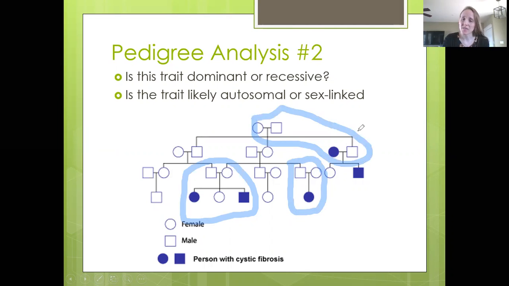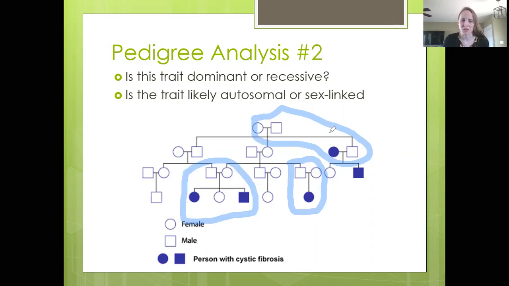I could use any of those sections that I've just highlighted as proof that this is a recessive trait. And the reason that all of these work is because the parents do not have the trait and some of their children do. The parents do not have the trait, their child does.